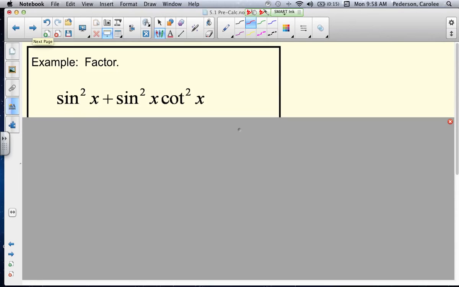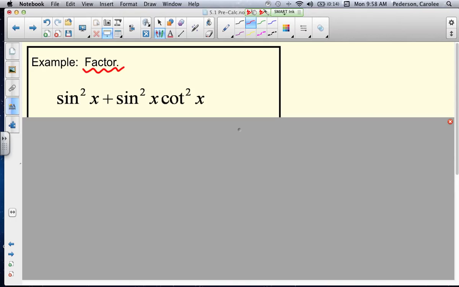All right, another hint is factoring might help you to simplify an expression. What can we do to factor here? What would be one of the things I could factor out? Sine squared of x plus sine squared of x times cotangent squared of x.